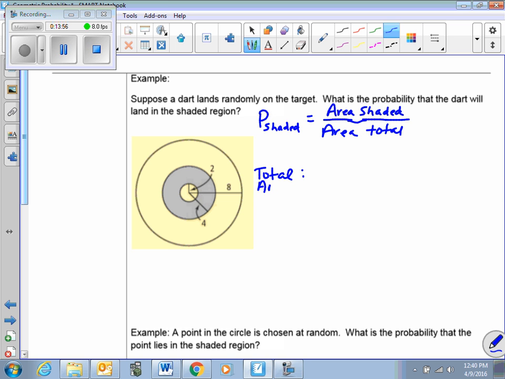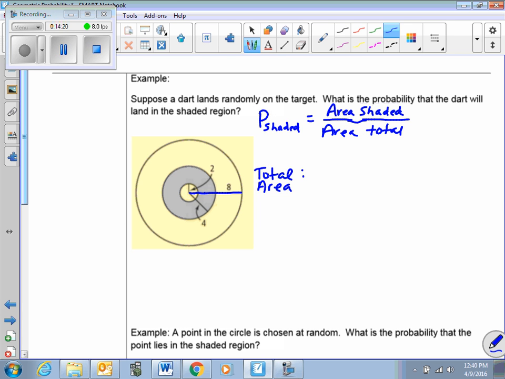So the total area, let's see, my large circle is 8. No, wait a minute. This 8 is just this little segment right there. So I need the radius of the largest circle. So this little part here is 2. This part here is 4. So I got 6 plus 8.